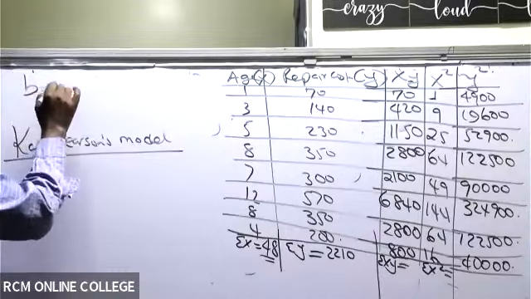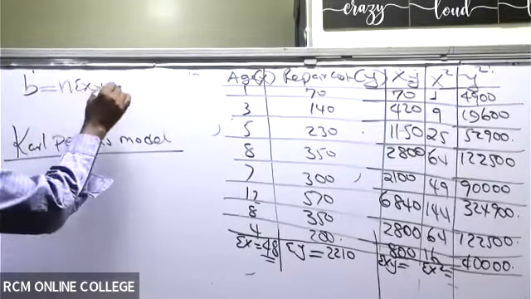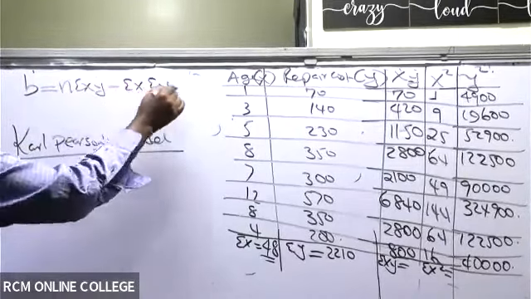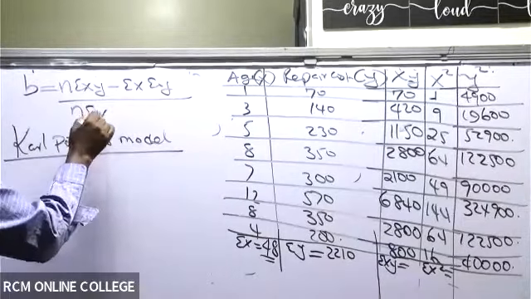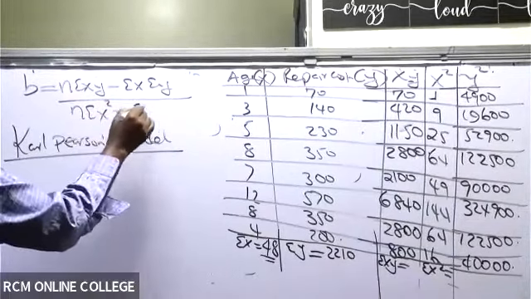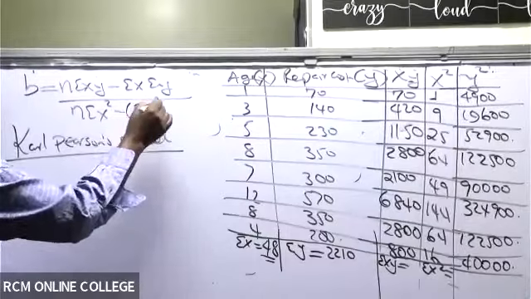To get B, we normally take n summations of xy minus sum of x, sum of y, all over n sum of x squared minus, in bracket, sum of x squared.